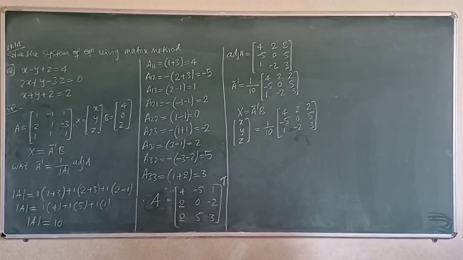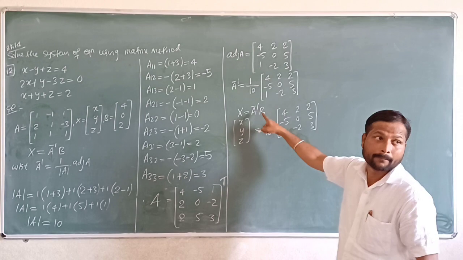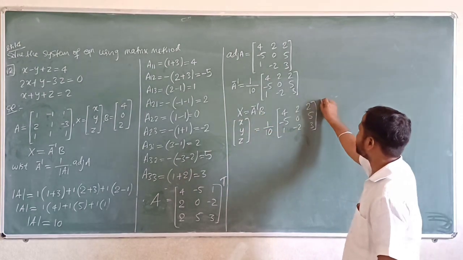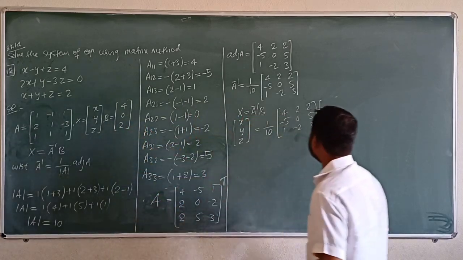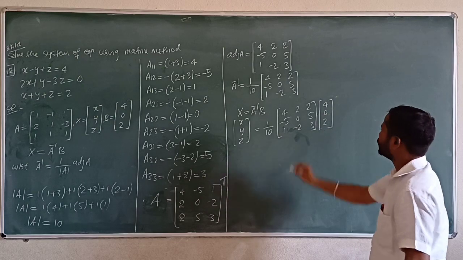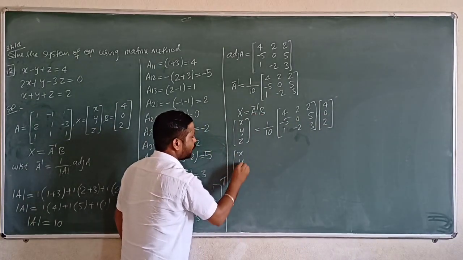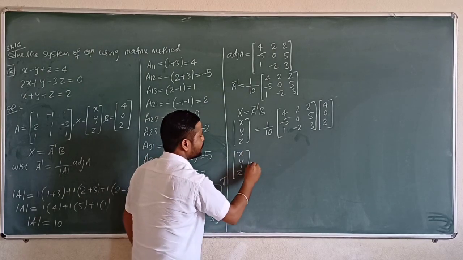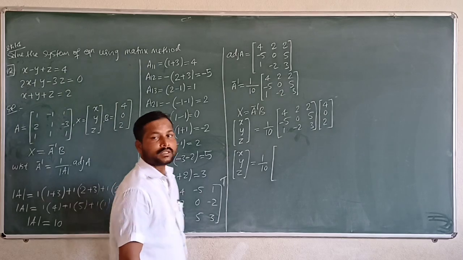A inverse answer now, right? Take again A inverse into B now. B meaning the constant matrix, the constant values here: 4, 0, 2 now. Then x, y, z keep as it is, equals 1 by 10, again as it is into now, right?